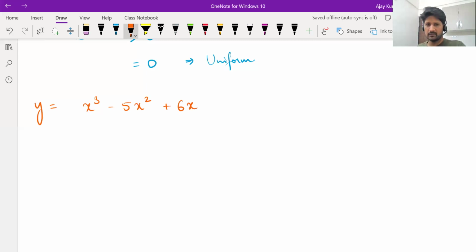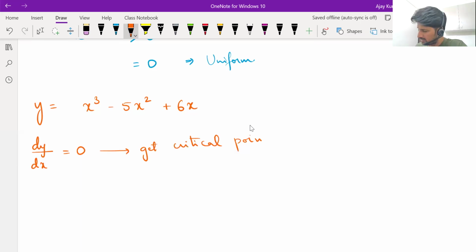Let's say this is the function given to you. And you have to find out where the function attains maximum or minimum and also how much that maximum or minimum is. Okay, so try this, all of you. First, differentiate it and equate it to 0 and get the critical points. Do this part. In the meantime, I'll get the graph of this function.